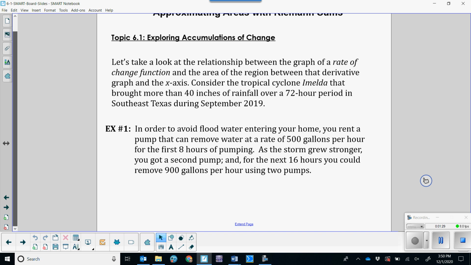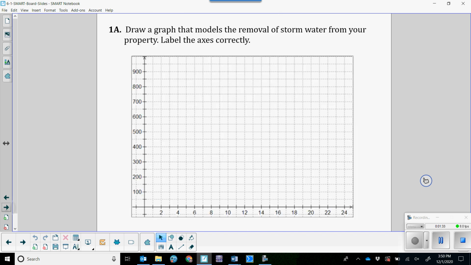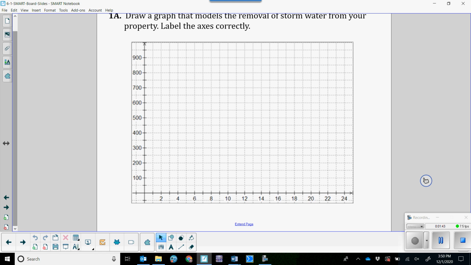The first thing we're going to do is draw a graph that models this situation. We have this grid here, and time is going across the horizontal axis in hours.